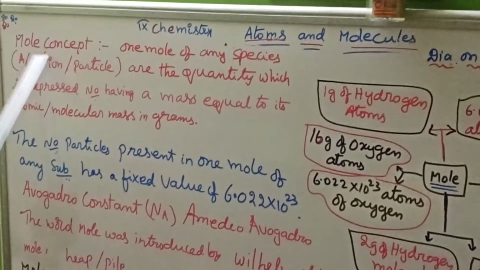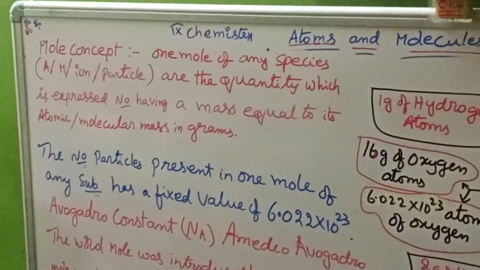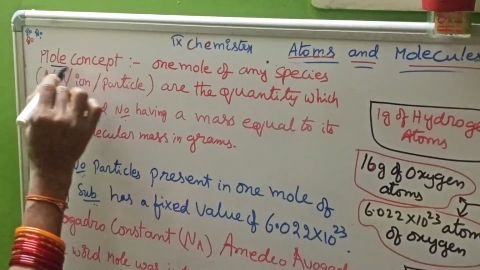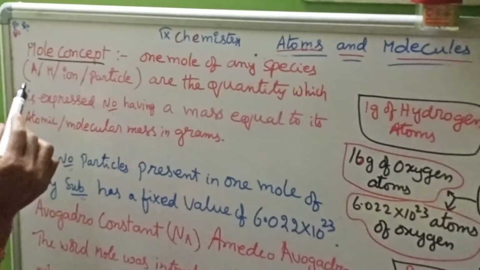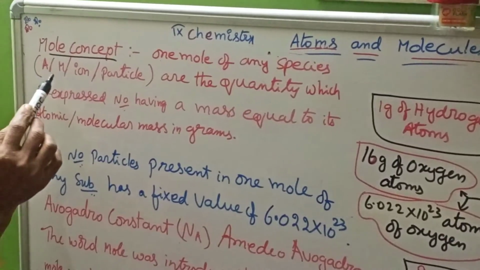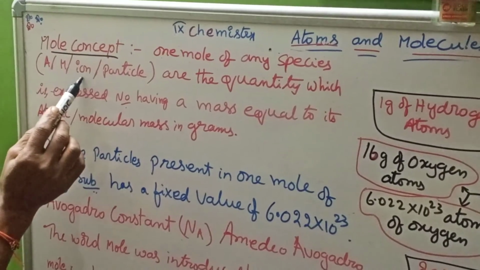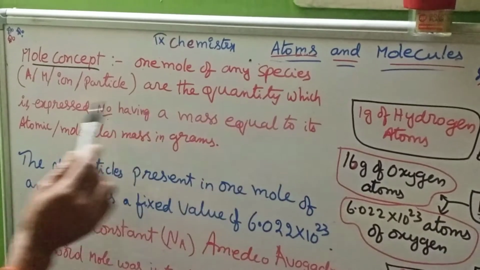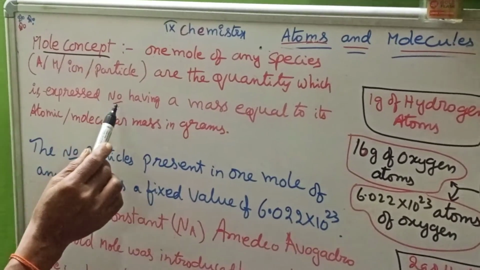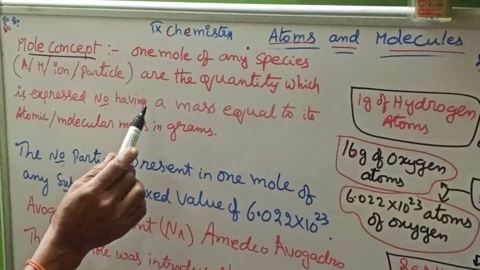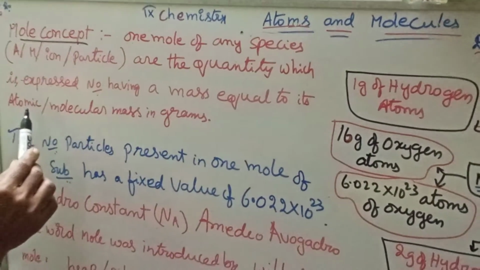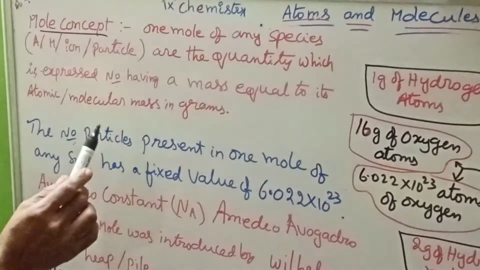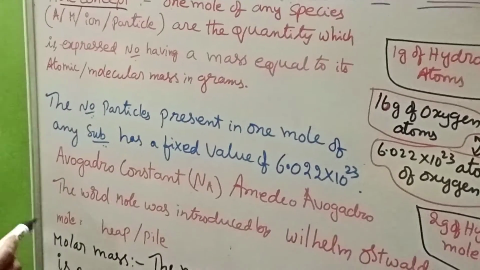Mole concept. 1 mole of any species, it may be an atom, or a molecule, or an ion, or any other particle, or the quantity which is expressed in number, having a mass equal to its atomic or molecular mass in grams.